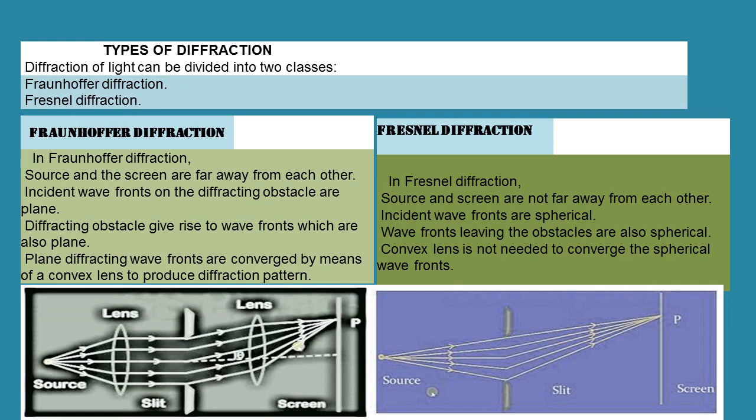Incident wavefronts on the diffraction obstacle are plane. The diffracting obstacle gives rise to wavefronts which are also plane. Plane diffracting wavefronts are converged by means of a convex lens to produce a diffraction pattern on the screen.